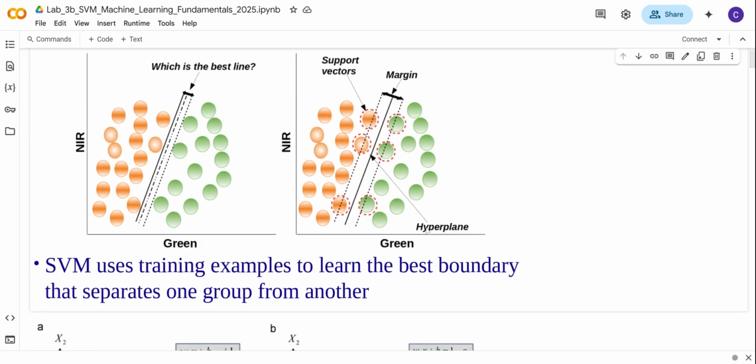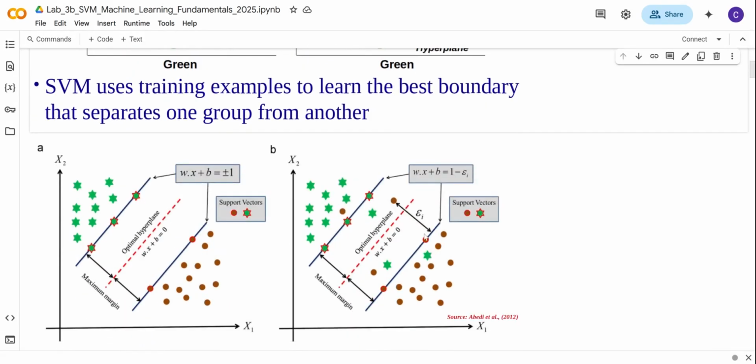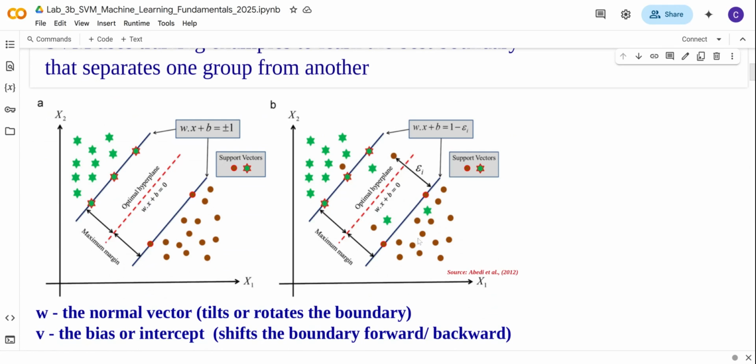Okay, so let's start by understanding the linearly separable case of support vector machines. The figure on the left side shows the case where we can separate these two classes.